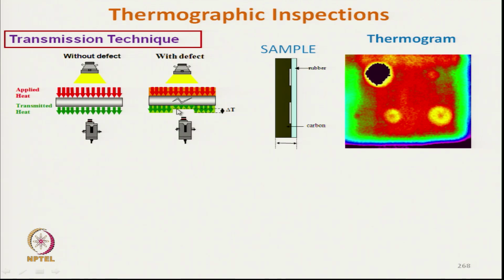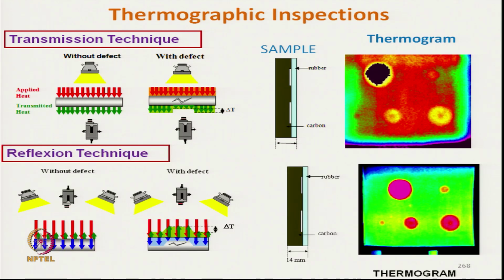But in case of any defects like void content, the heat will not get transmitted evenly to the other side, and we get the image here. From these images we can get an idea about the defects present inside the structure specimen.